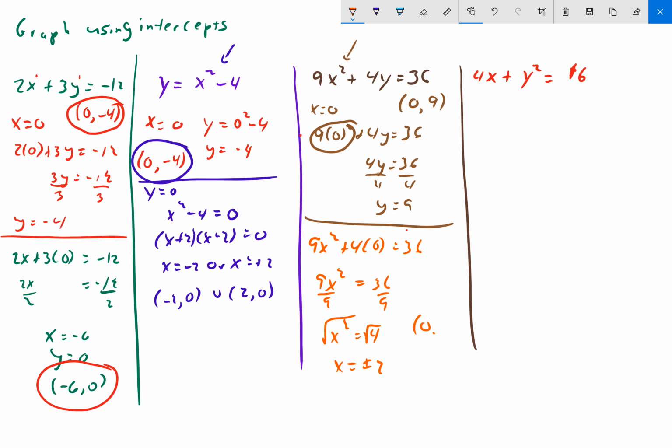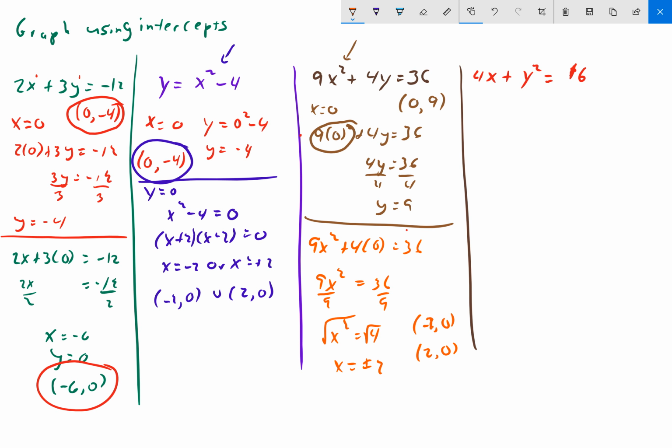So when y is 0, I'm going to get a negative 2, 0, and a positive 2, 0. So now I have the values 0, 9, negative 2, 0, and positive 2, 0, which is kind of funny because I just had those same values anyway.